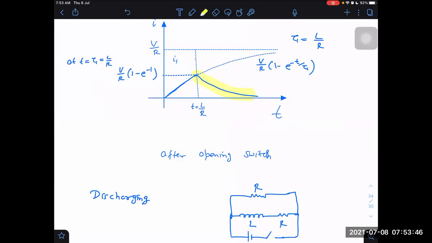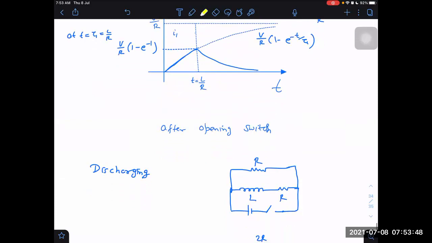So how to write the equation for that part? I hope you will be able to write it. What is the equation for the discharging part? For the discharging part, I think I can multiply by the factor e raised to power minus t by tau 2. Is it right or not?